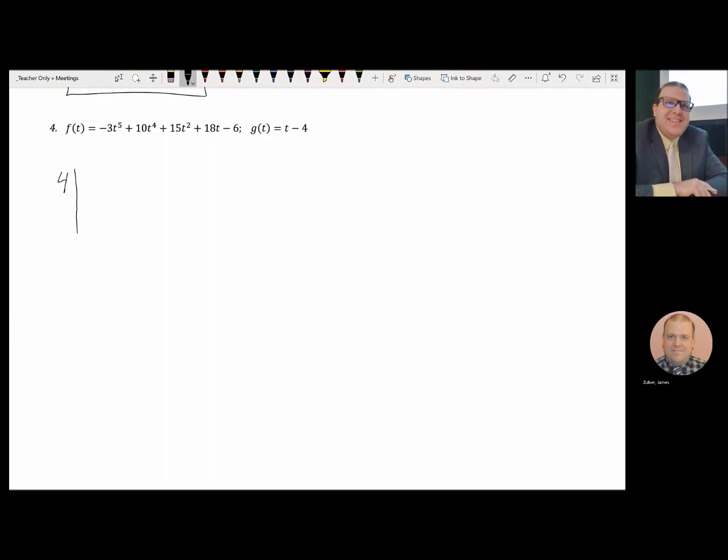Now, in descending order, coefficients of the dividend. There is no t cubed, which means it has a coefficient of 0. That's why I said you have to be careful.